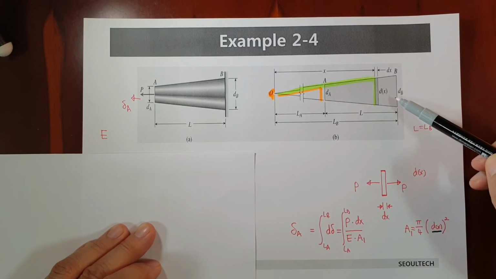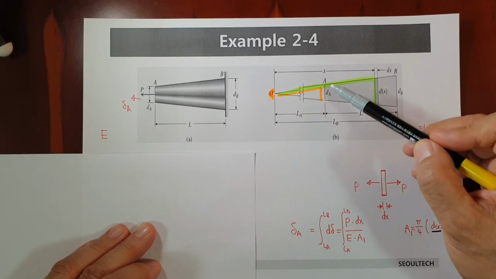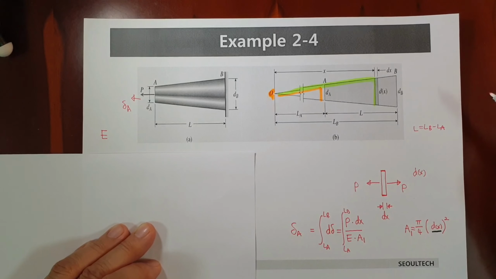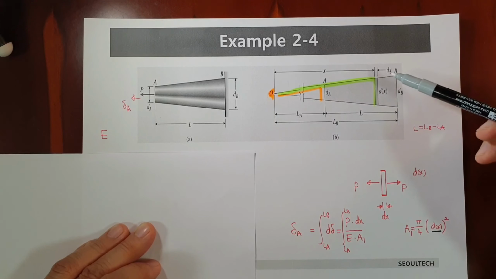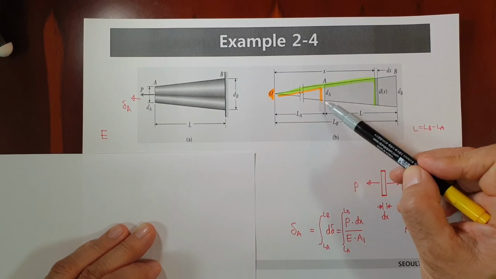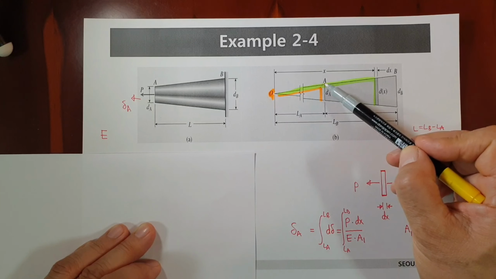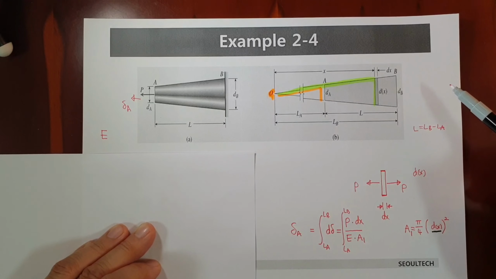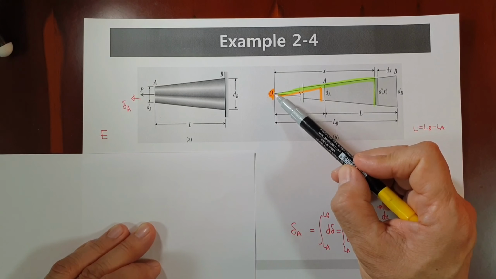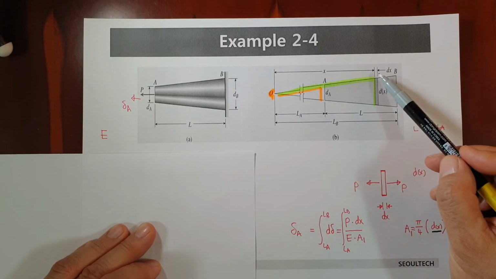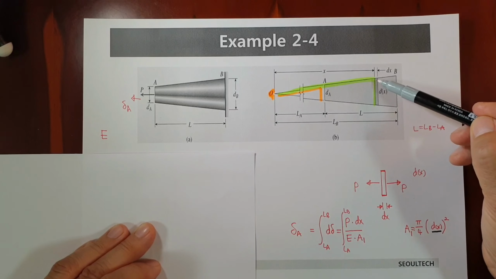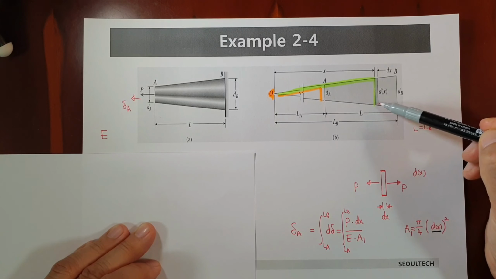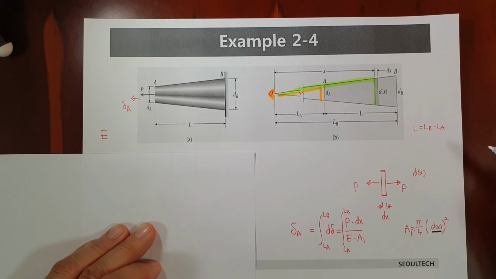The shaded area is the original shape, original form, and on the right side dB, left side dA, that's the same. When you extend this line, you can find an O point like this, and from the O point to some X position, we can have a small infinitesimal component.